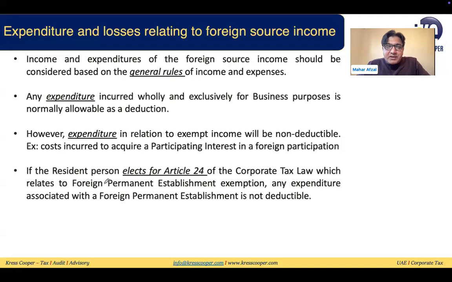Once you arrive at your taxable profit, you calculate the UAE tax applicable to it. Then you look at how much foreign tax credit applies. While including income, exempt income will not be considered for tax purposes. Means if your financial statements include any income which is exempt under the UAE corporate tax law, you will eliminate it while calculating your taxable income.